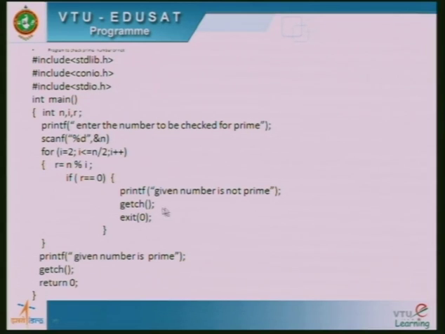Here you are using the getch statement. For this reason you require conio.h, the console input output header file. Similarly you are including the exit function with 0. This is the status under which you are going outside the program. For that reason you specify exiting with 0.